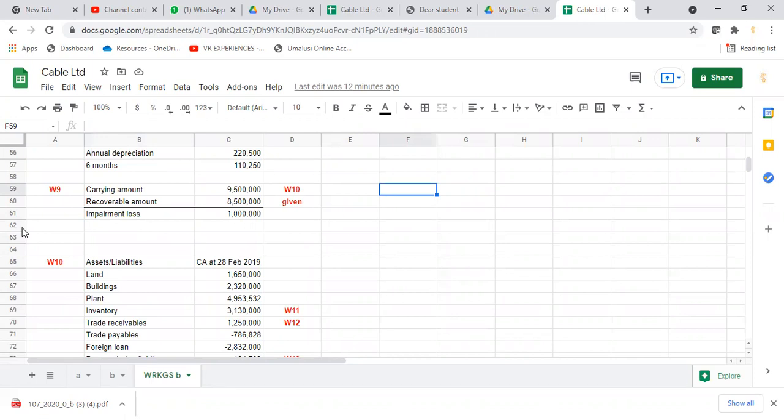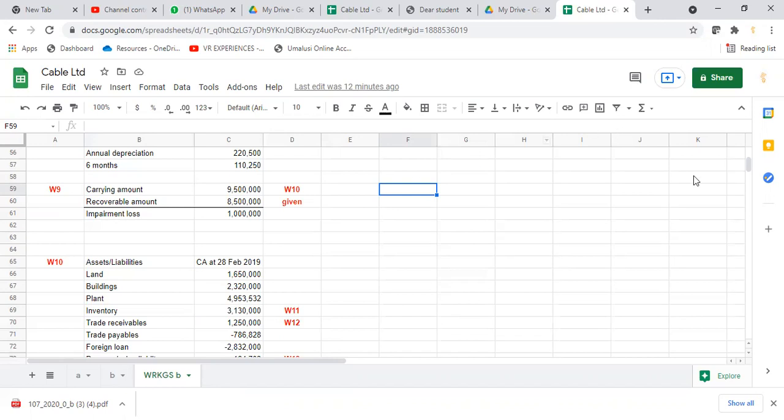You first allocate impairment loss as far as possible against goodwill. As you can see in the CGU, there is no goodwill. So now all you have to do is allocate it to the assets where IAS 36 applies on a pro rata basis. The pro rata basis is based on the carrying amounts of those assets.